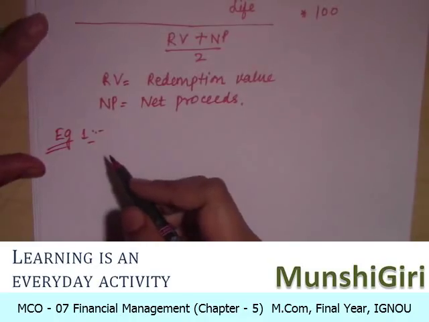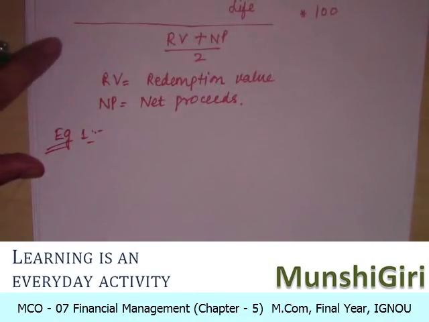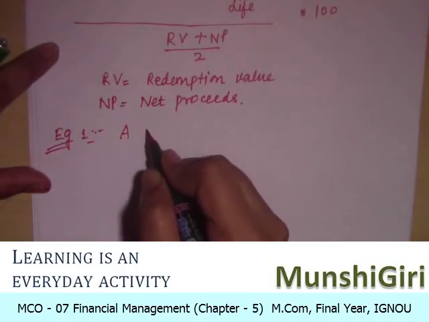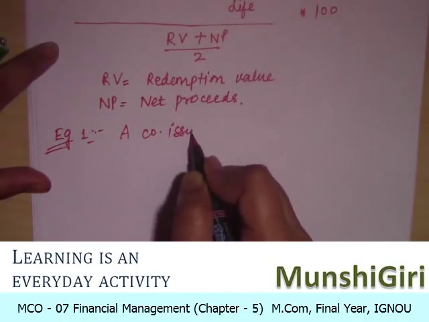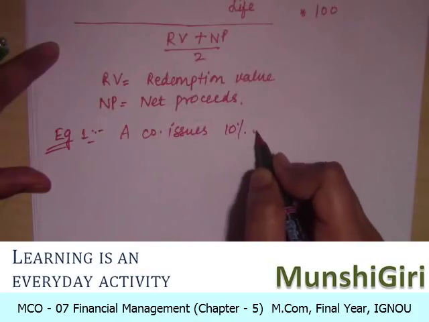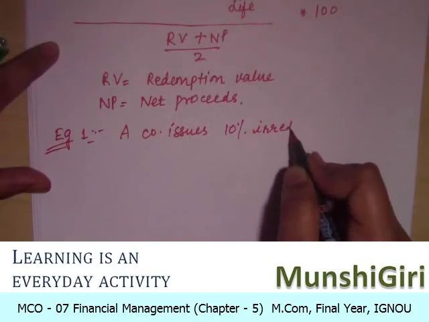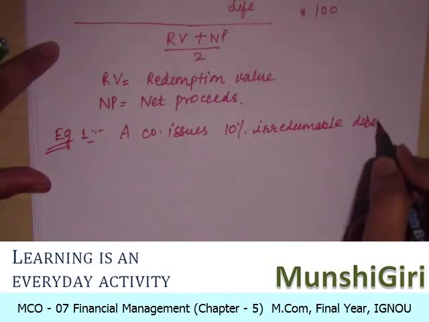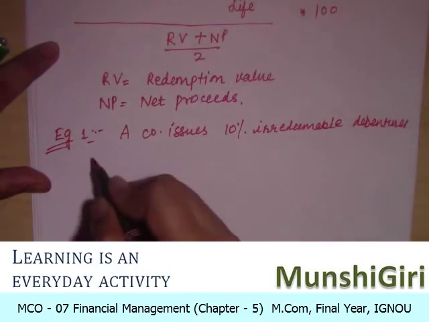Now a company issues 10% irredeemable debentures of rupees 10,000. The company is in 50% tax bracket and we have to calculate the cost of debt in 3 situations. Question is, company issues 10% irredeemable debentures of rupees 10,000.